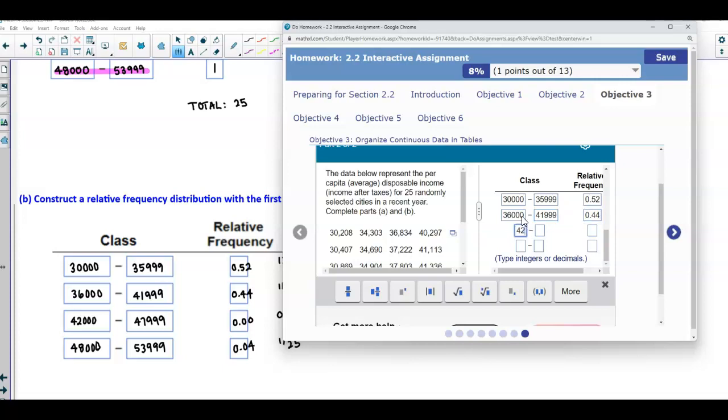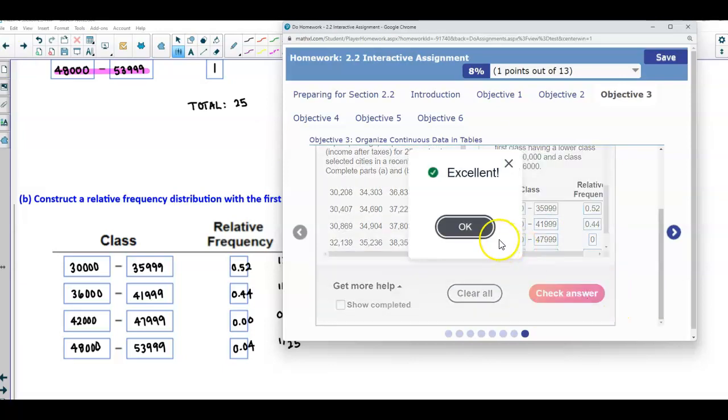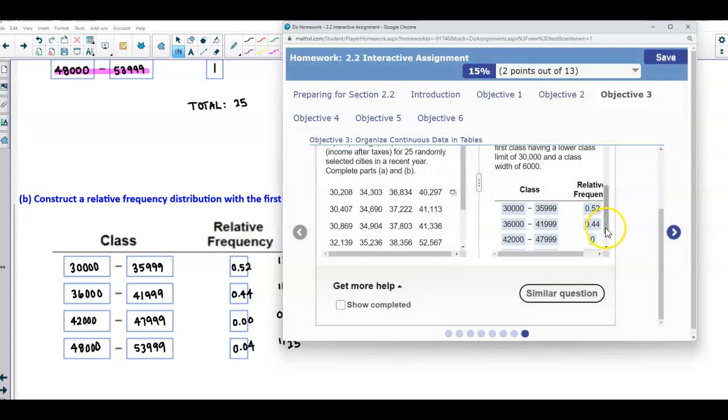The lower class limit is 42,000, the upper class limit is 47,999, and this one is 0. Then the lower class limit is 48,000, the upper class limit is 53,999, and the relative frequency is 0.04. Now let's check to make sure that our answer is correct. There is our result, and that completes the problem.